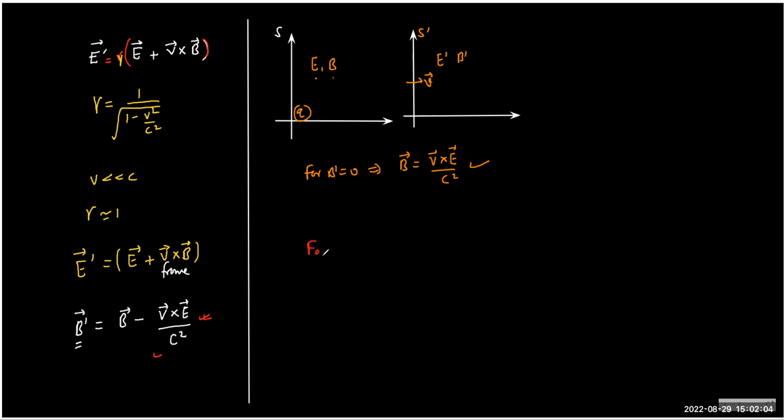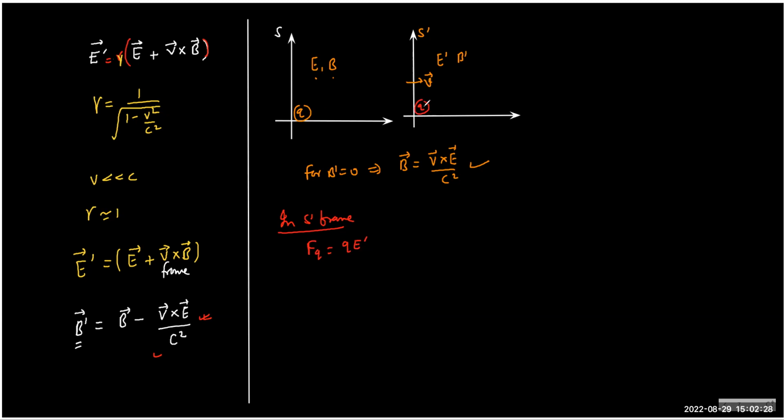The force on a charge Q will be Q into E dash in the frame, right? Yes, sir. I can say in S dash frame, because the observer believes there is only one charge Q. And I'll keep the charge here, because if I put the charge there, it's going to move.